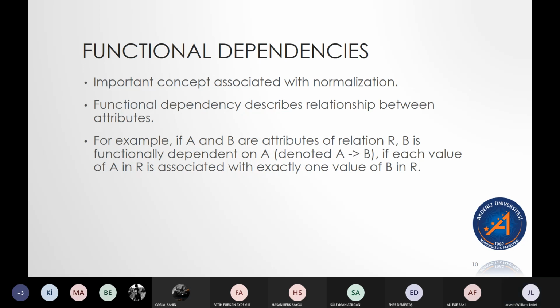All right. So student number determines name. Student number determines surname. Or you could say first name is functionally dependent on student number. Surname is functionally dependent on student number.